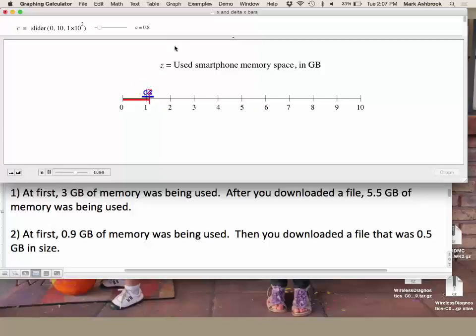At first, 0.9 gigabytes of memory is being used, then you downloaded a file that's 0.5 gigabytes in size. Find the values, or just write down the values of zi, zf, and dz. Determine the unknown, and write a formula for the unknown.